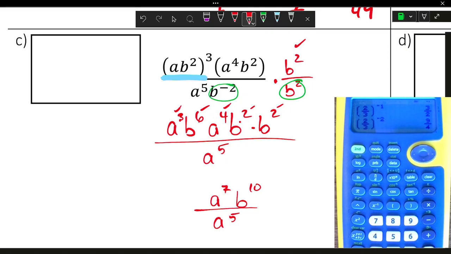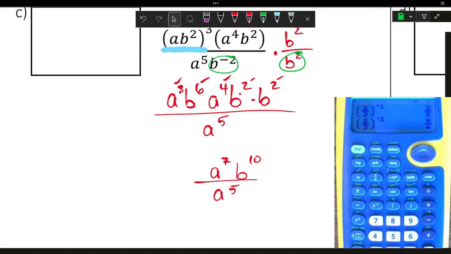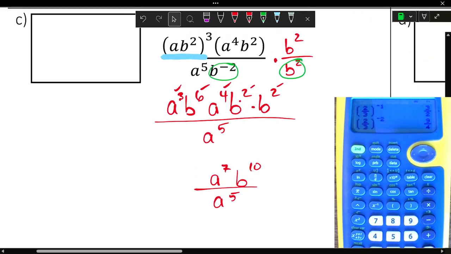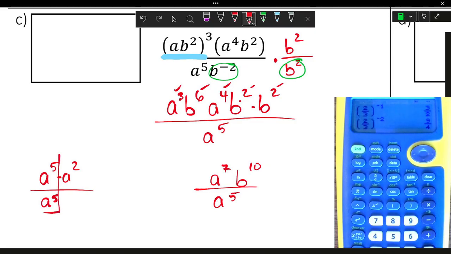A to the 7th over a to the 5th is a to the 2nd. If I wanted to, I can write a to the 5th times a squared over a to the 5th, and you can see very clearly there's a giant 1 there, so it's gone. My final answer is a squared, b to the 10th.